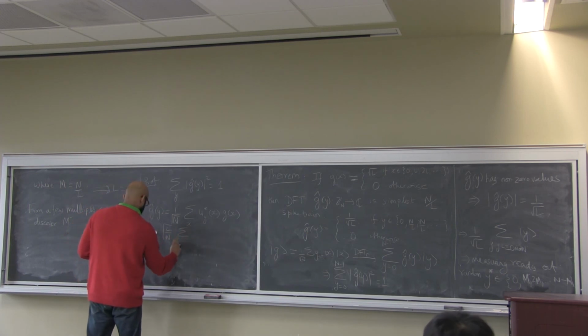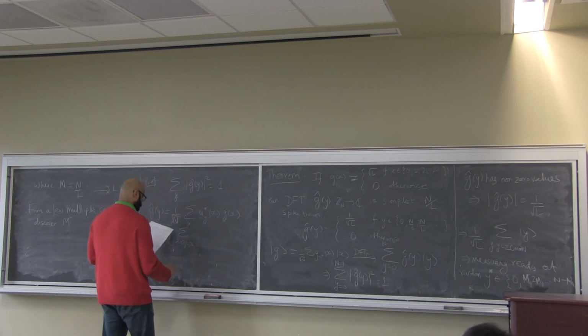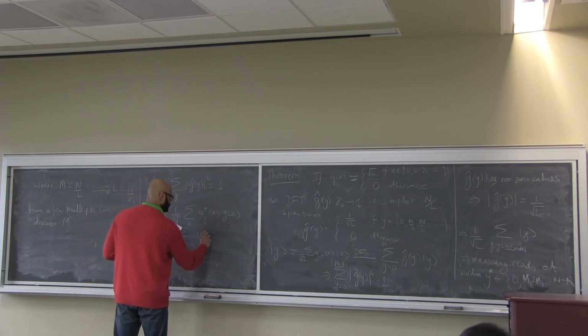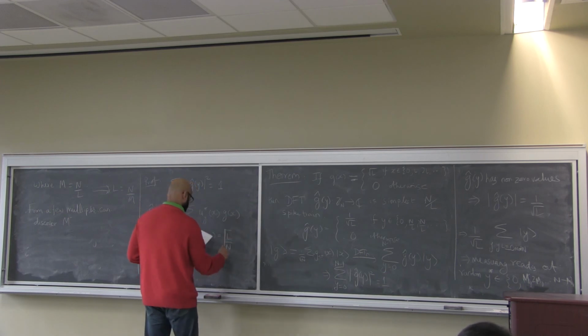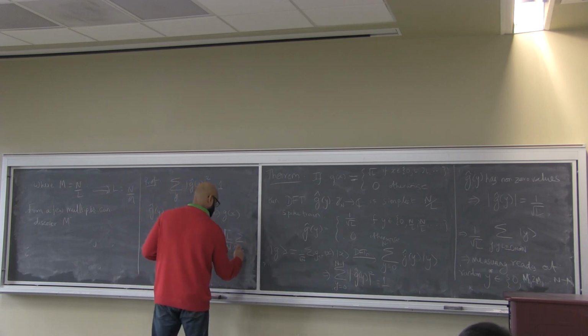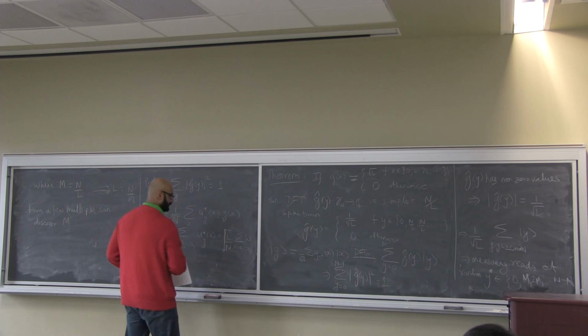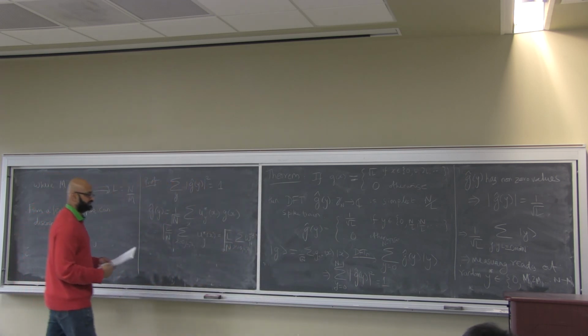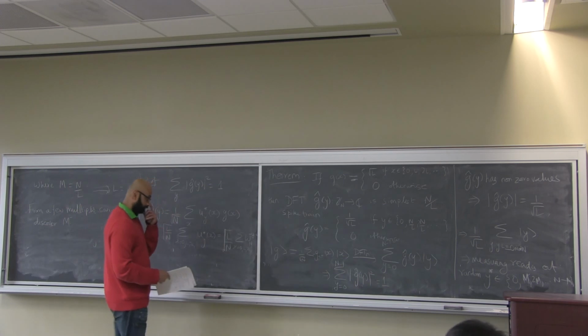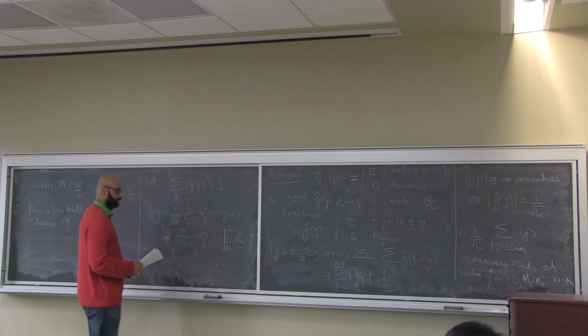Summation now over all values x equal to 0, L, 2L, etc., of u_y star of x, which is equal to square root L over square root L over n. Summation x equal to 0, L, 2L, etc., of, now I put in the character, which is the nth root of unity to the power minus yx. Okay, u_y of x is simply the nth root of unity to the power minus yx.